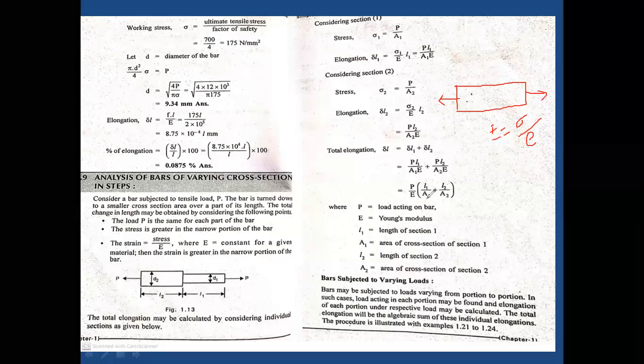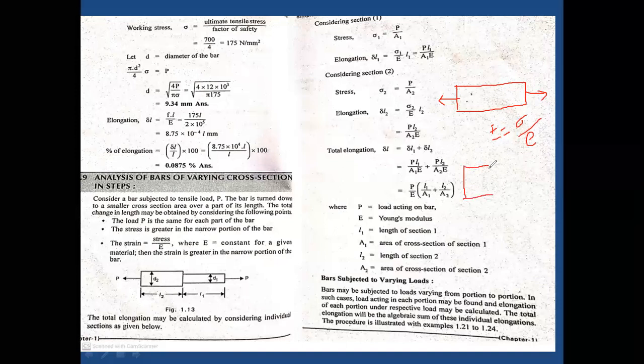So in this concept, what will happen if the specimen or workpiece has a varying cross section? Varying cross section is nothing but a cross section that changes with respect to length.